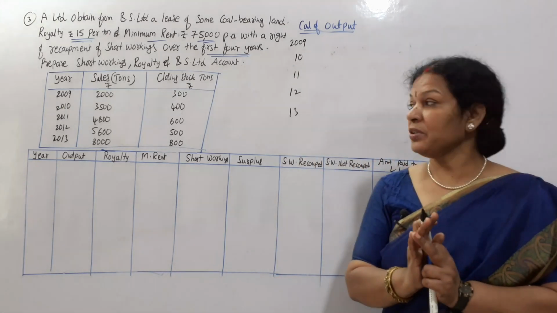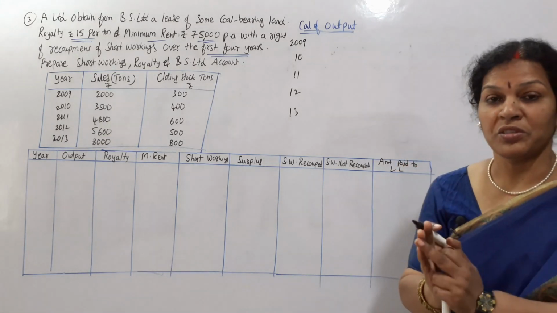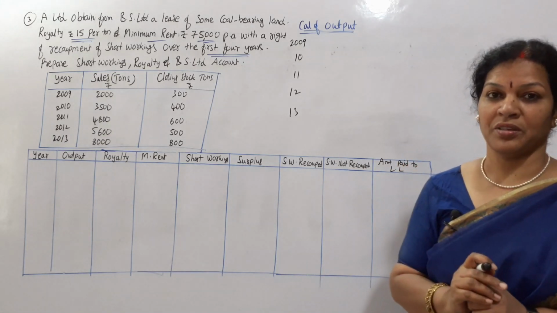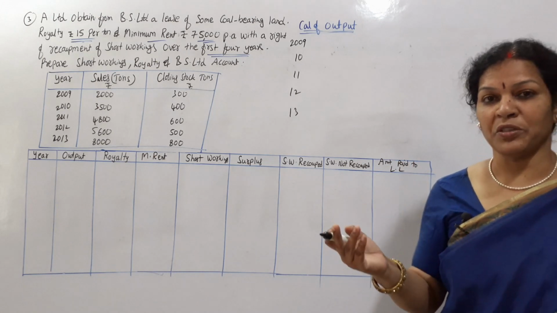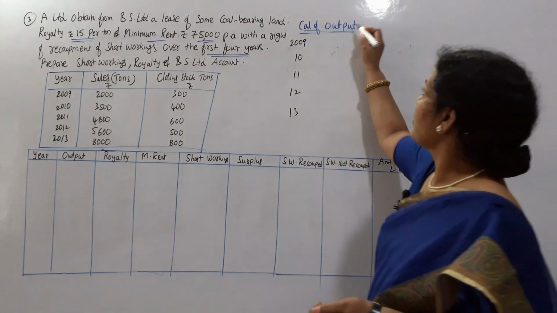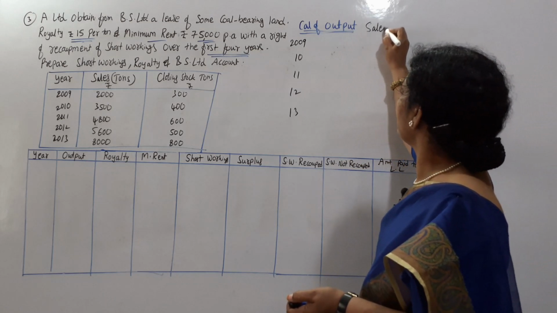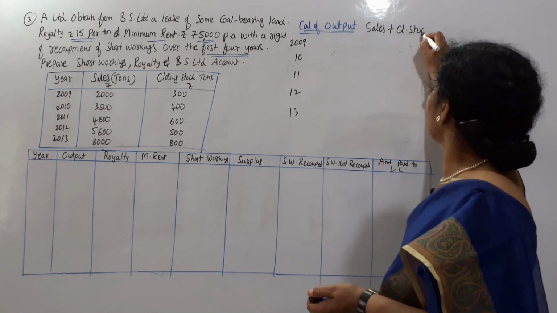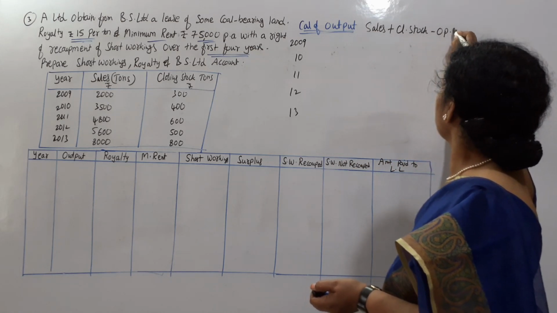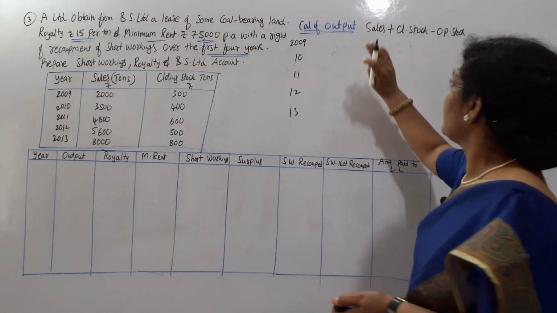For this, we use sales plus closing stock minus opening stock. Sales plus closing stock minus opening stock, so that we get the output. This formula we'll use.